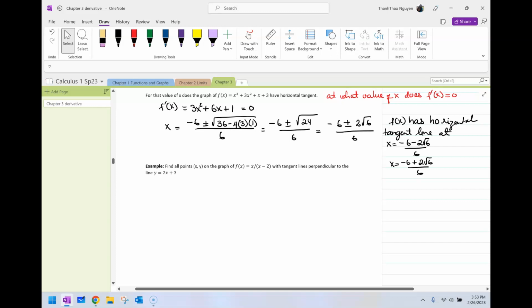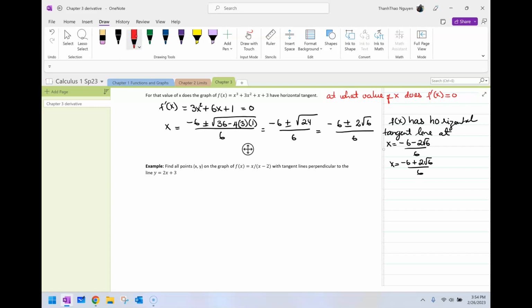Find all points x, y on the graph of f of x equals x divided by x minus 2 with the tangent line perpendicular to the line y equals 2x plus 3. If we want the tangent line to be perpendicular to this line, the slope of the tangent line, f prime of x, has to equal negative 1 over 2. So that's what we will try to find. So f of x equals x divided by x minus 2.